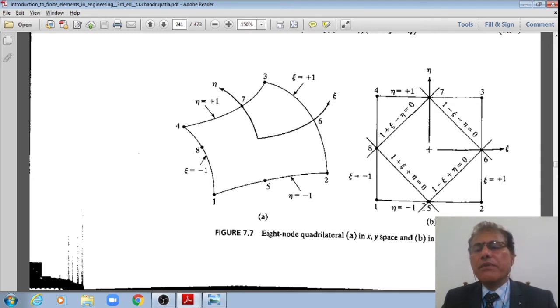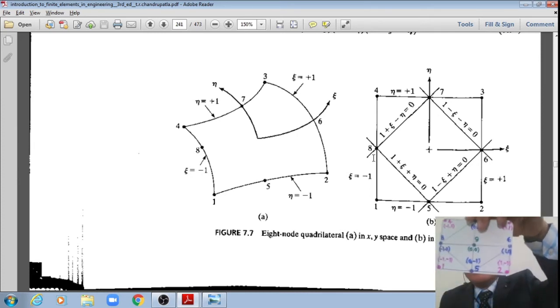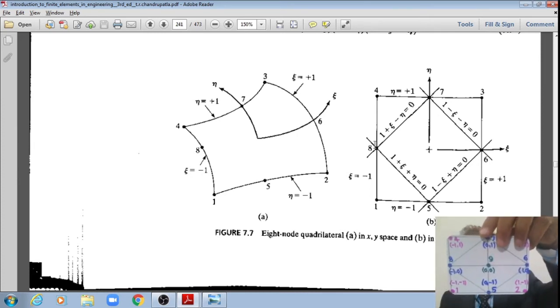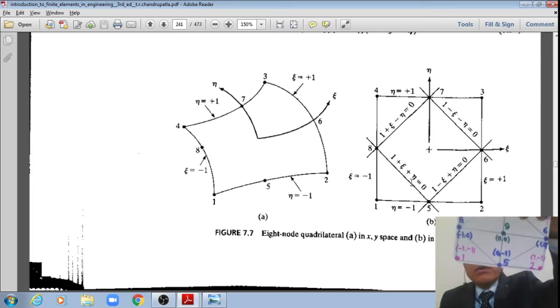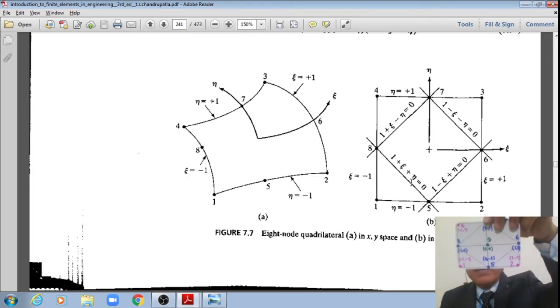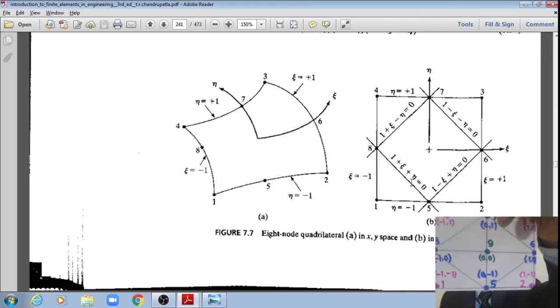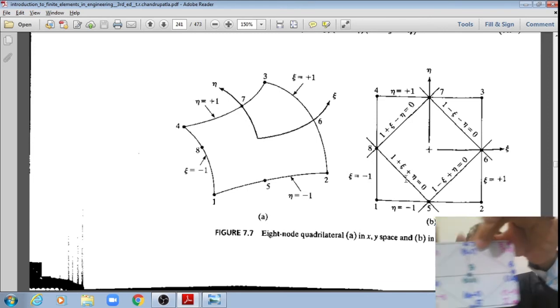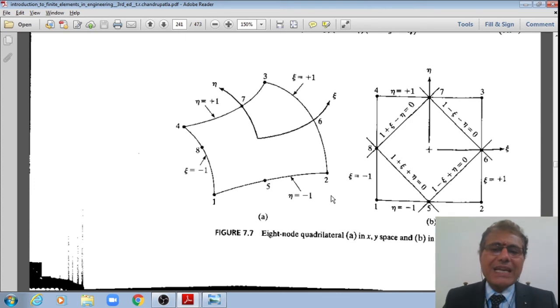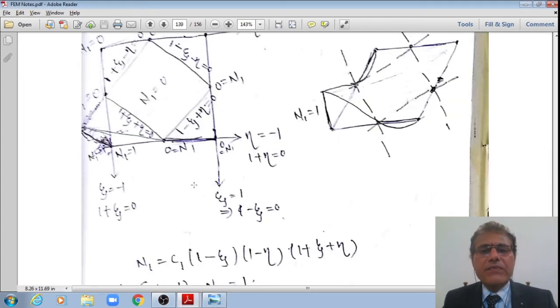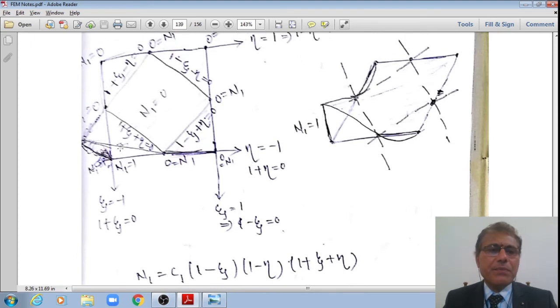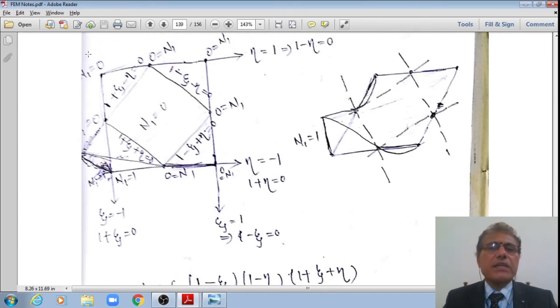The line between 5 and 8 is 1 plus xi plus eta is equal to 0, right? Therefore I obtained the equations of these four lines as well as that of the other four lines. Therefore I do have equations of 8 lines.